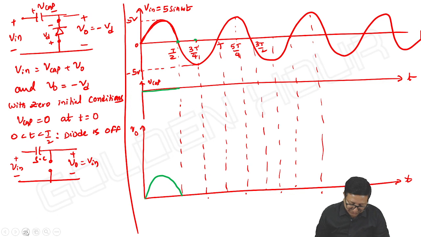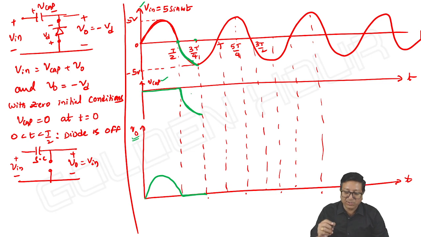So if I take these waveforms, V capacitor, whatever the shape you have for input, the entire thing can be seen across the capacitor. And V output is 0, assuming an ideal diode, almost. V input is equal to V capacitor plus V output, in which V output is almost 0, and whatever the input you have, that is seen across the capacitor.